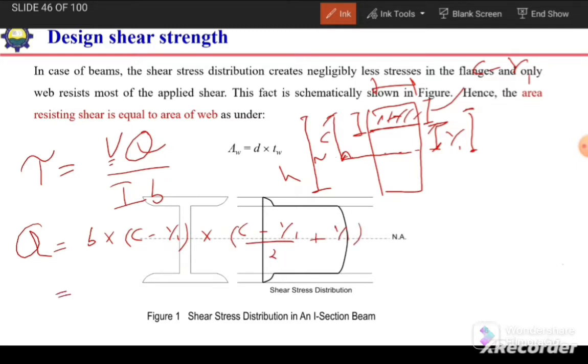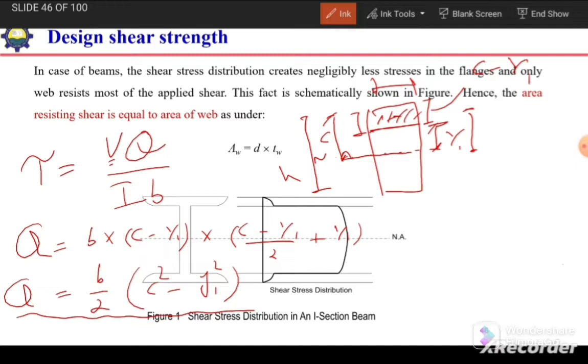After solving this, we get Q is equal to B by 2 times (c square minus y1 square). So this will be our first moment of area of the section which is away from the point at which we want to calculate the shear stress value.